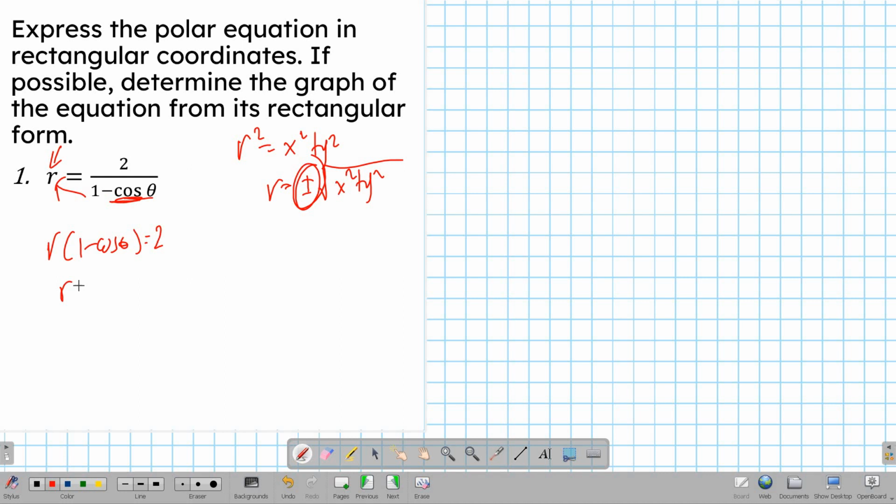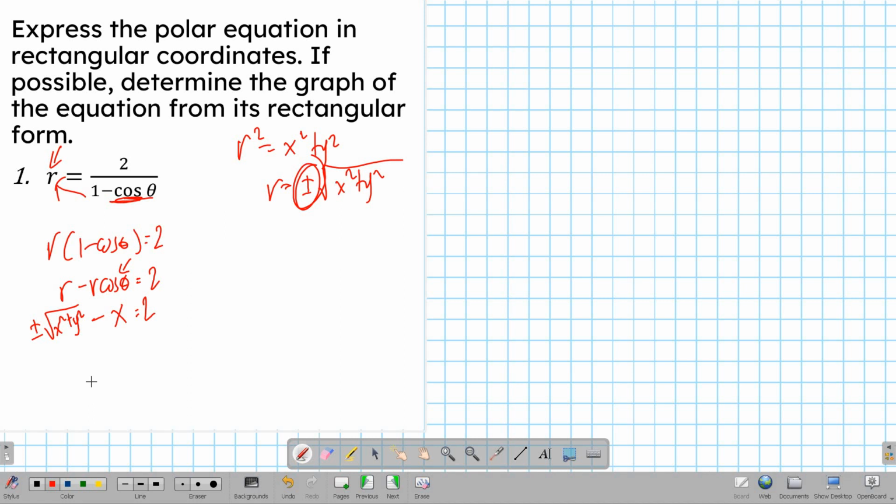Therefore, we're going to have r minus r cosine theta equals 2. This is easier to convert to Cartesian because this value is already x, while r is positive or negative square root of x squared plus y squared.